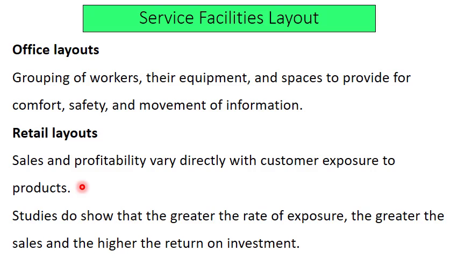So the customers see those products clearly, and they become interested in buying those items. Studies do show that as the rate of exposure increases, the greater the sales and the higher the return on investment. So we have to consider the exposure to the customers when we arrange our facilities and our items, so that they are exposed as much as possible.